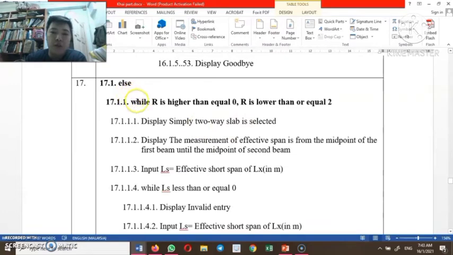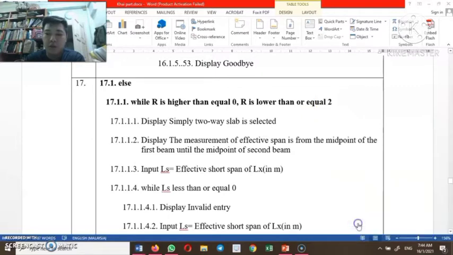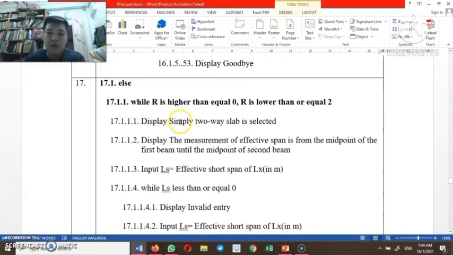So there's another thing for the last part. You can see the program types else, and then while R is higher than or equal to 0, and R is lower than or equal to 2, what happens is that it will display simply supported two-way slab is selected.